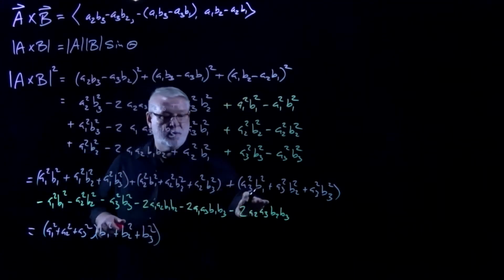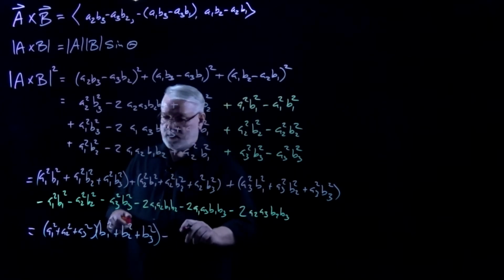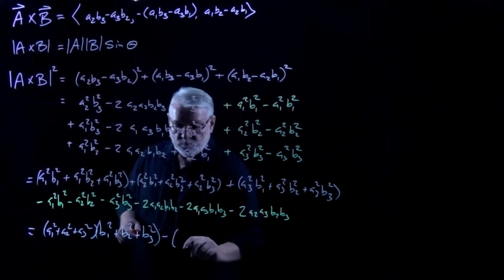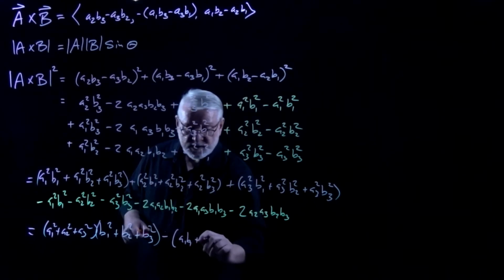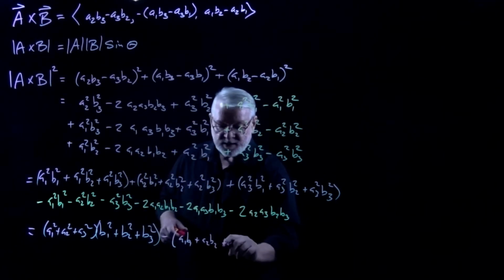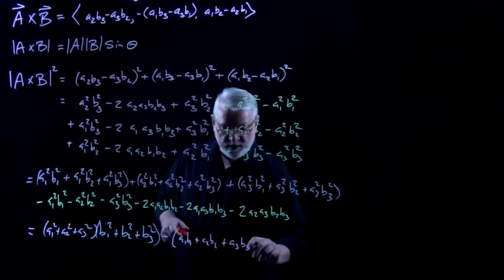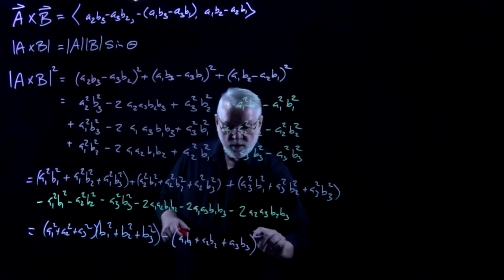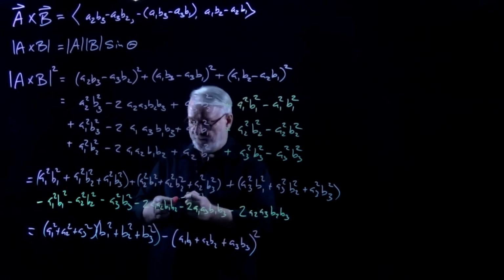And then all of this remaining stuff is equal to minus (A1B1 plus A2B2 plus A3B3), and it's the whole thing squared. That's what produces these 6 terms right here, and it's negative.